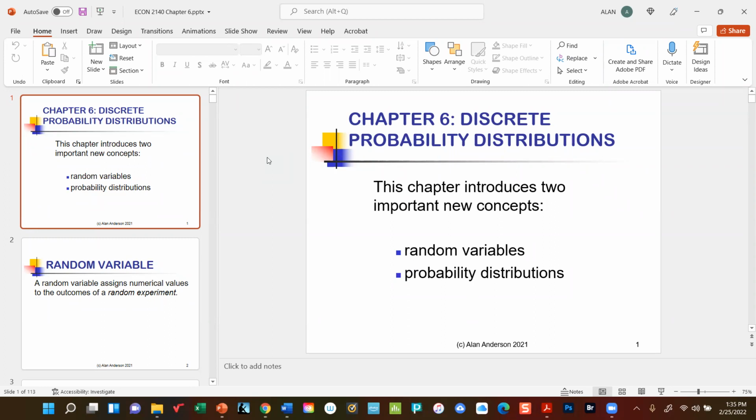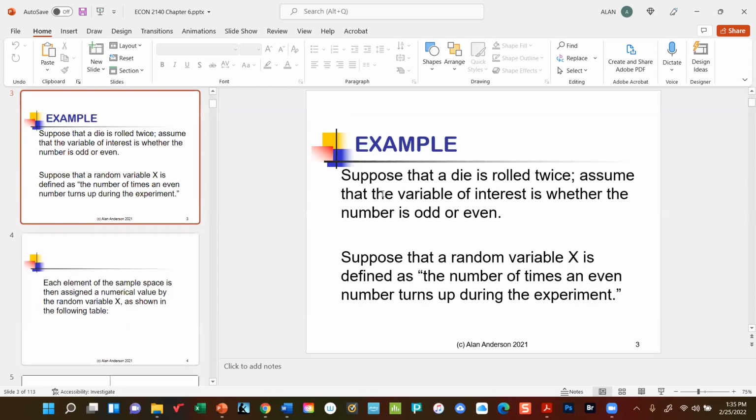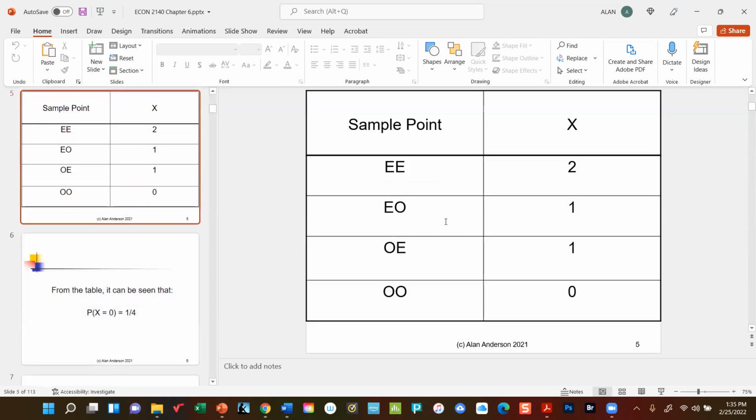So what was a random variable? Well, first of all, whenever we have a random experiment, there are always some kinds of outcomes taking place. They could be heads and tails, they could be evens and odds, they could be all kinds of things. But ultimately, what we really care about is numbers. So what will happen often is that we'll assign numbers to the outcomes of an experiment in a very specific way. For example, when we roll the die twice, remember we had 4 possibilities, EE, EO, OE, and OO.